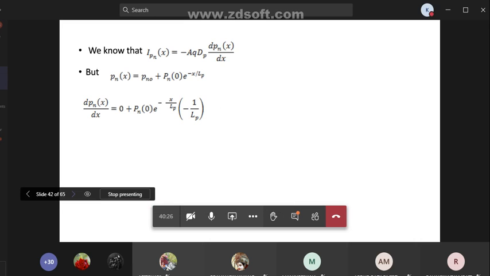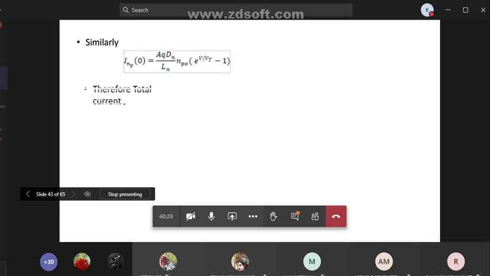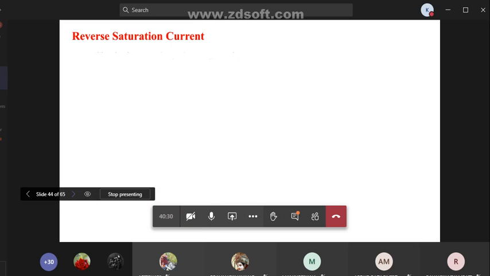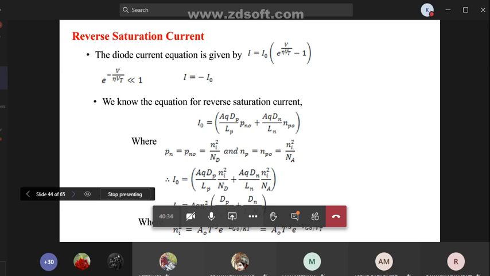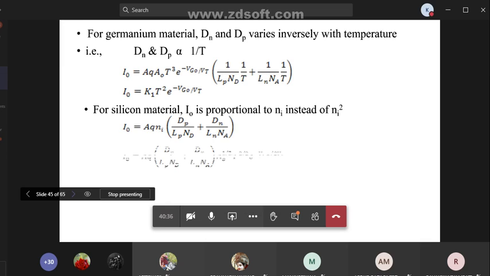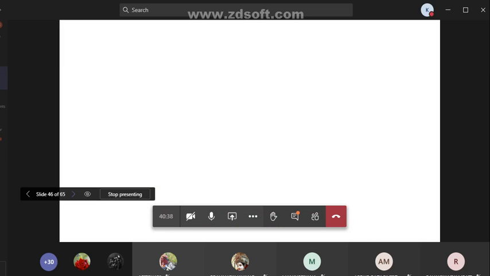Next we will see what is the forward resistance and reverse resistance. What is the static resistance and dynamic resistance?